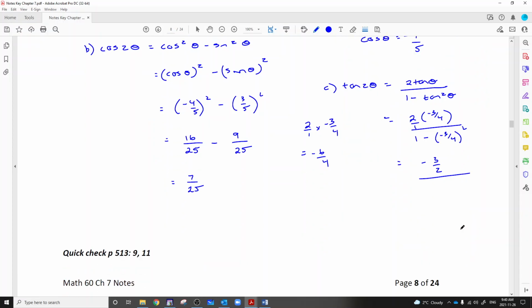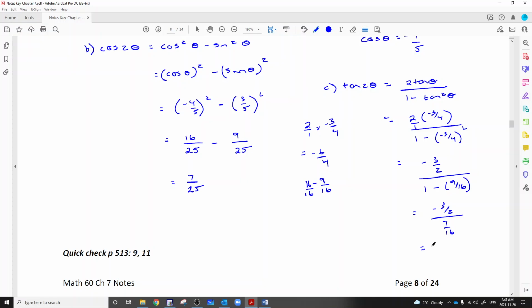And then in my denominator, I have 1 minus 9/16. Oh, I'm regretting showing you this one. On the bottom, it's not that bad. 1 with a common denominator of 16 would be 16 over 16, so 16/16 minus 9/16 is 7/16.